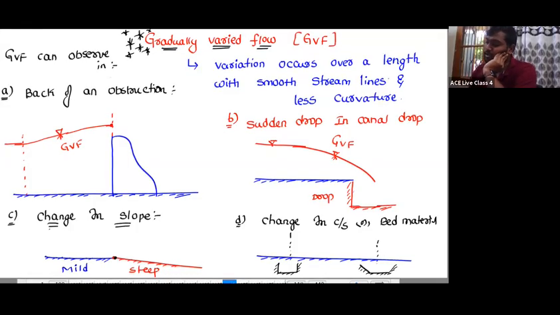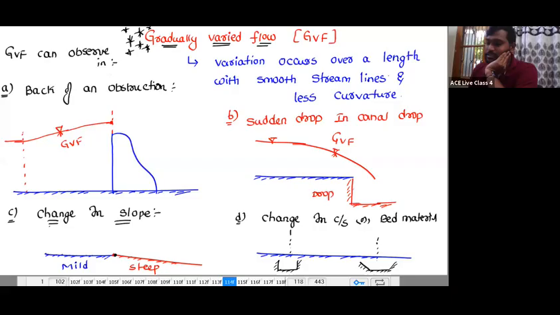So now let's see how we are going to analyze it. From the given data, the first question that I want to look at here is whether the GVF is going to be rising or falling. Keep that in your mind. How do I say whether the GVF is rising or falling, sir? If I know the slope, what is the meaning of this slope? This is an X, right?